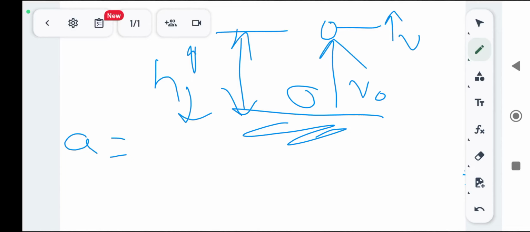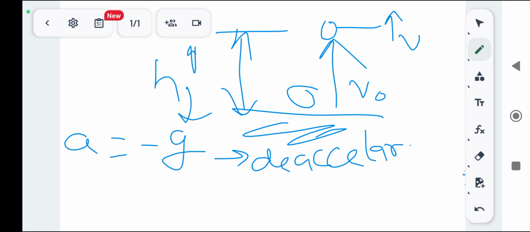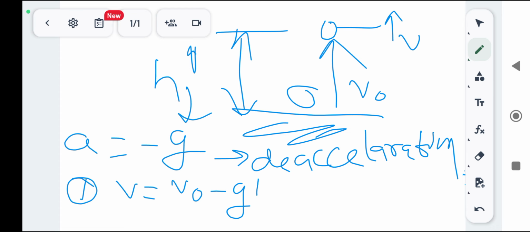In case of deceleration, acceleration is equal to minus g. Let's see. The first equation is v is equal to v0 minus gt.